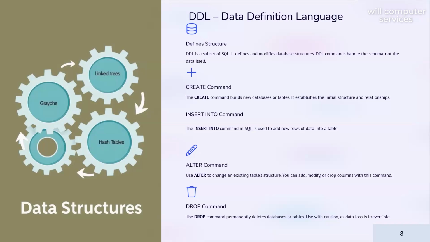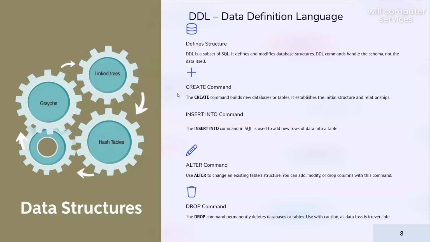And the most common commands used when doing data definition are the create command, the insert into command, the alter command, and the drop command. So what does each command do? We have the create command.